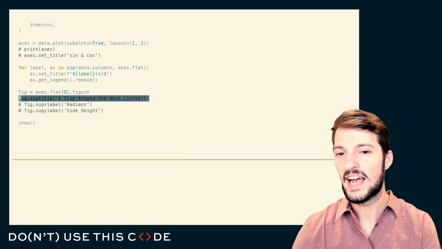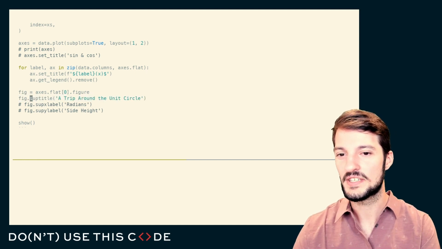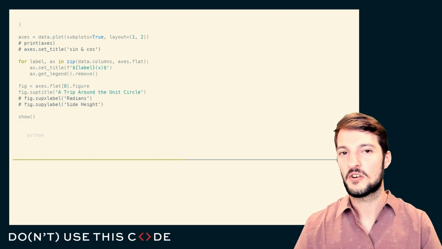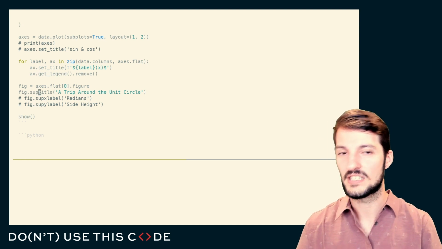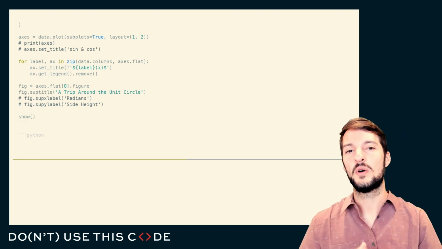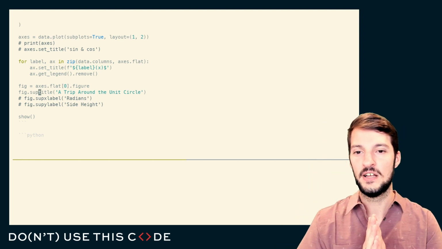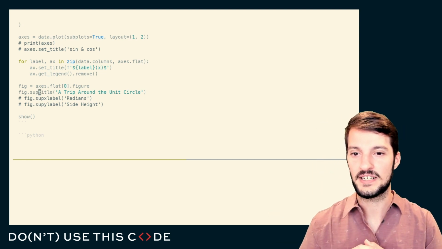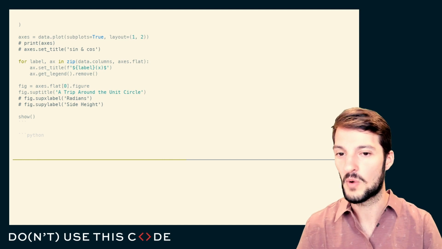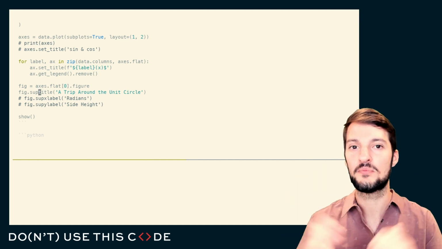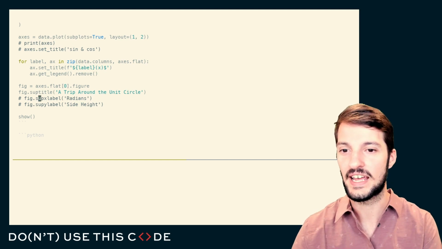With the figure, I can add a super title, super X label, and super Y label. These are a top-centered text for the title, a bottom-centered text for the X label, and a left-centered text for the Y label on the canvas, on the figure, my sheet of paper itself, not attached to any axes.